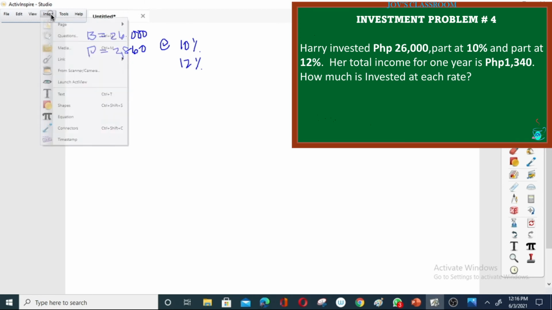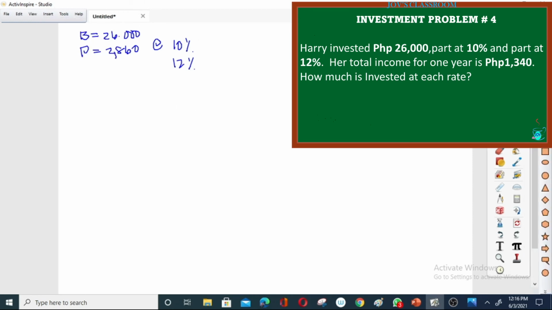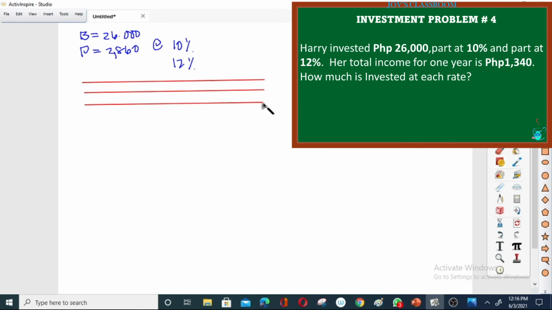So again, we will draw a table for us to easily solve.